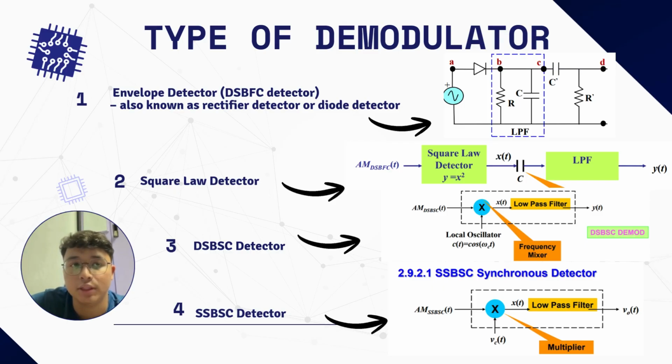After the multiplication, a low pass filter is used to remove the double frequency terms, leaving us the original signal. This technique is very accurate in demodulation, but requires precise synchronization, which makes the circuit slightly more complex compared to the other two before.